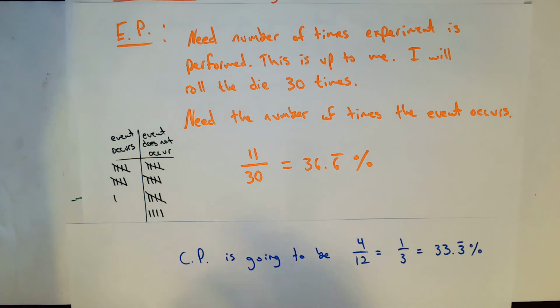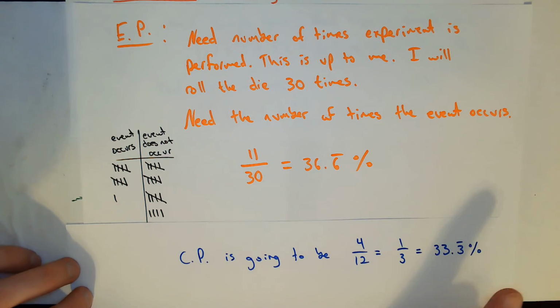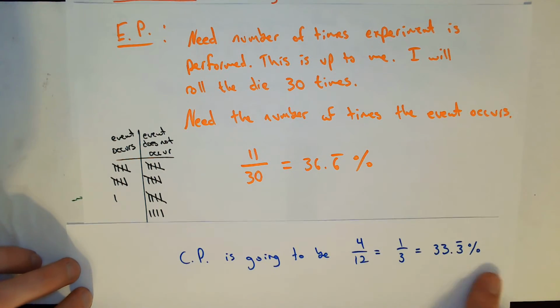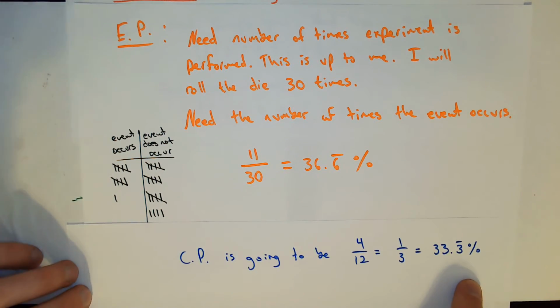Sometimes you may hear me say theoretical probability. If I say that, I'm talking about classical probability, whereas empirical is like experimental. So the higher the number of experiments, the closer this will get to this classical probability that we calculated here.